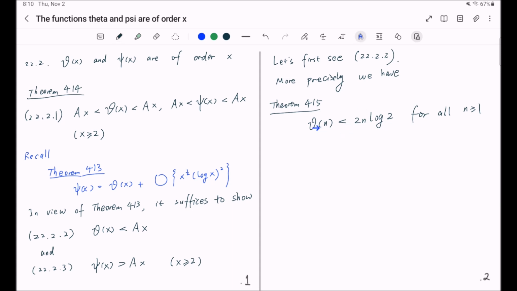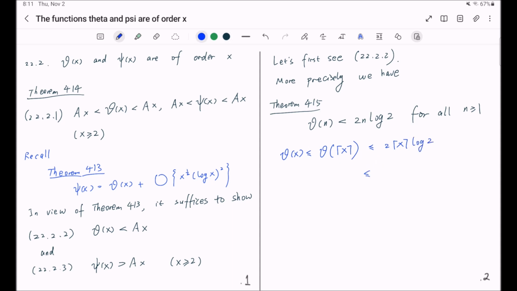Now, how to turn this into the continuous variable? For a continuous variable x, by the monotonicity of theta, theta of x is always less than or equal to theta of the ceiling of x, the smallest integer bigger than or equal to x. Here x is always a number bigger or equal to 2. And this is an integer. So, by our theorem 4.15, we have this term less than 2 times the ceiling of x times log of 2.